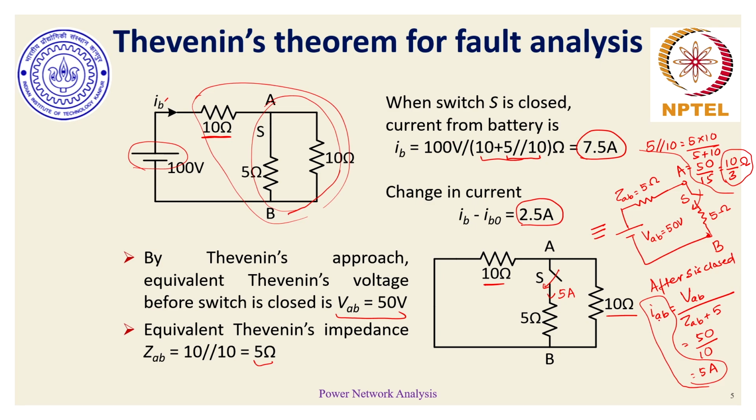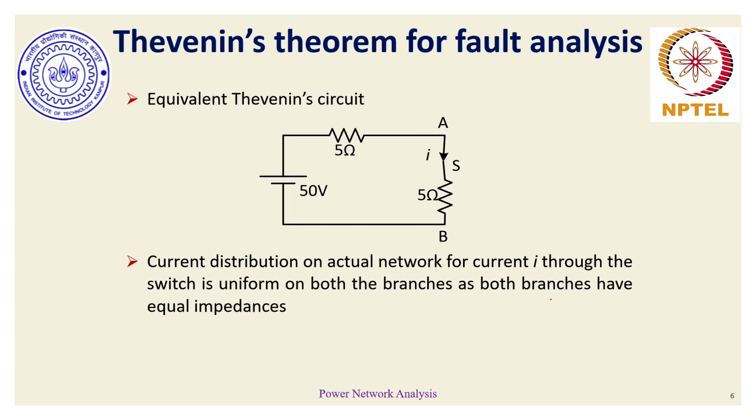This 5 ampere current can be distributed along the two branches through which this current is coming in, and since the impedances are equal, it would imperatively mean that 2.5 ampere is coming in this direction on the branch of impedance 10 ohms, and similarly 2.5 amperes is also flowing into the other 10 ohms impedance, and that's how by KCL 2.5 would add up to 5 amperes, and that's how the current distribution on the actual network can happen.